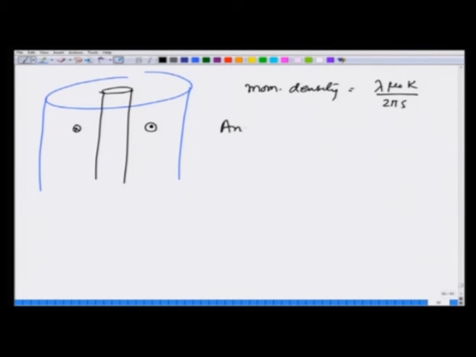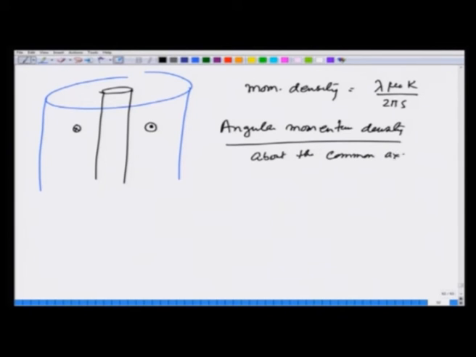How about the angular momentum density about the common axis? Let me make this common axis, which is right in the middle, is going to be S, right, S times the momentum density. So, this is going to be lambda mu 0 k over 2 pi.